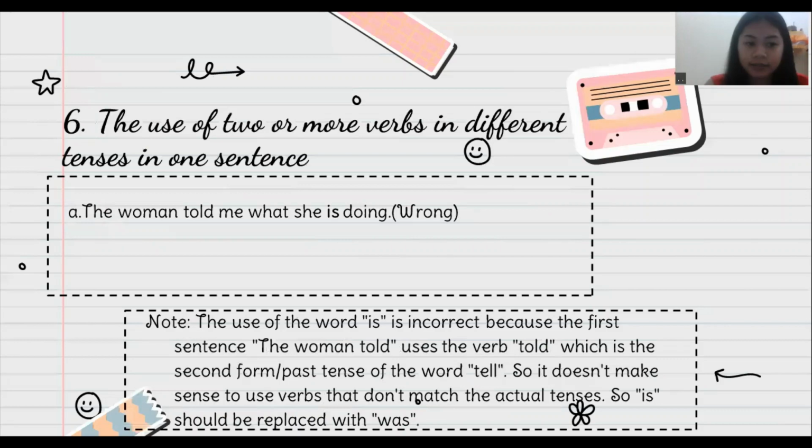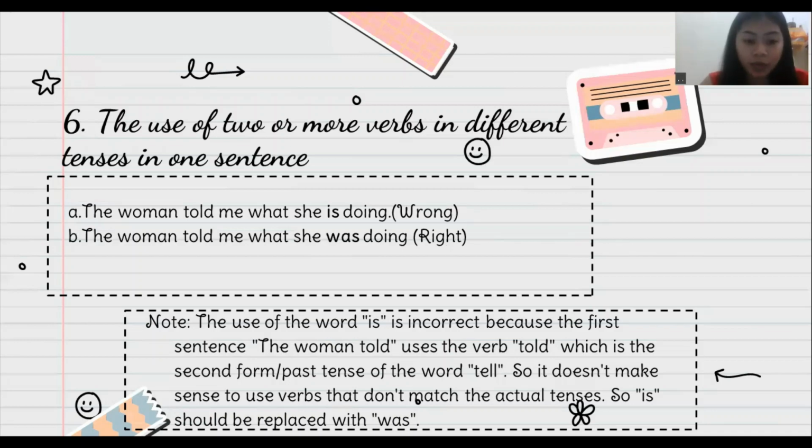Number 6, the use of two or more verbs in different tenses in one sentence. For the example, "The woman told me what she is doing." The sentence is wrong, and for the right sentence is, "The woman told me what she was doing."